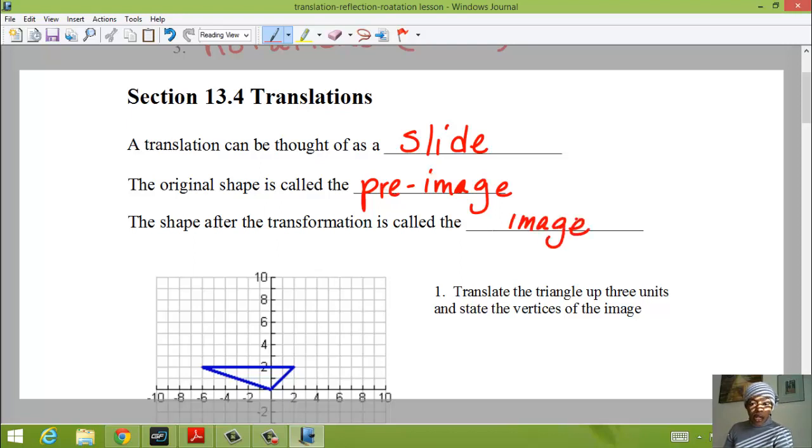So let's go ahead and look at an example. We're going to translate this triangle up 3 units and state the vertices of the image. First thing that I'm going to do is label the vertices.